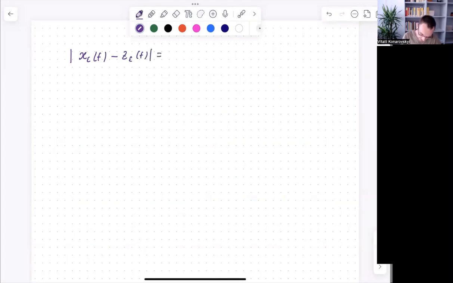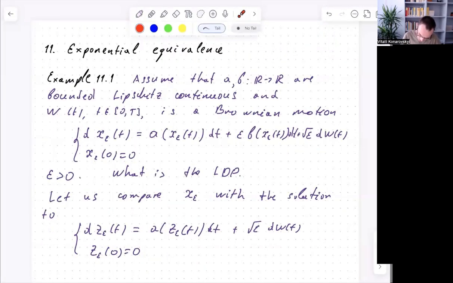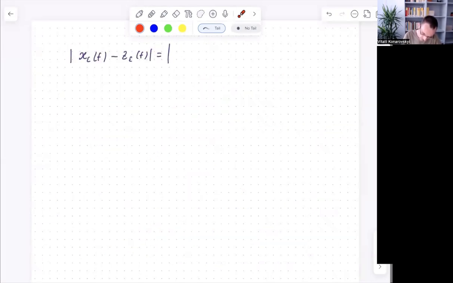Using the fact that X and Z are solutions to the stochastic differential equation, they satisfy the equation in integral form. Therefore, writing the absolute value of the difference, you will have the absolute value of integrals. And I will write them.